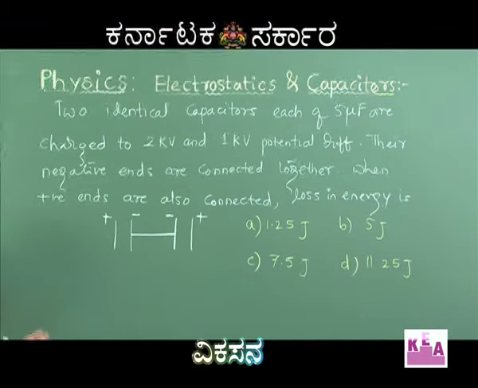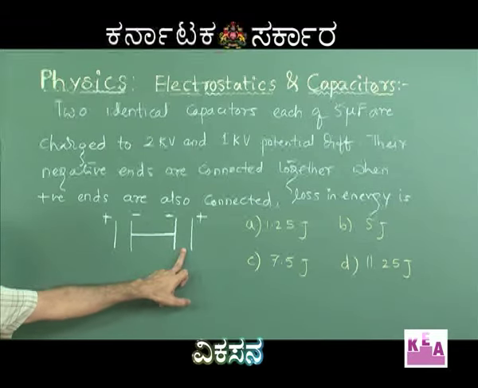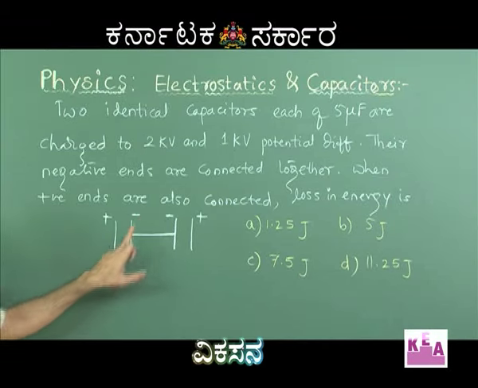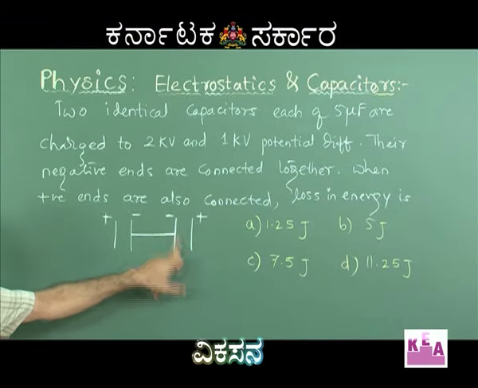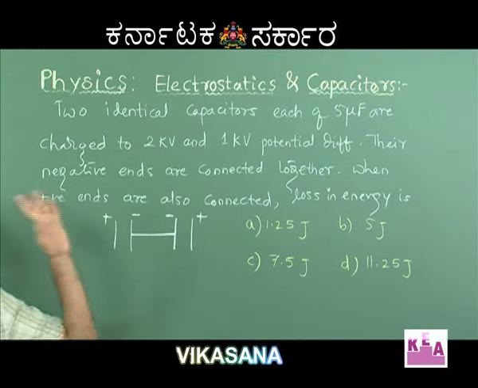I would like to give a break here in the problem and ask you, will there be any change in the charge on this capacitor or this capacitor, energy stored in this capacitor or this capacitor, potential difference between the two plates of this capacitor or this capacitor?